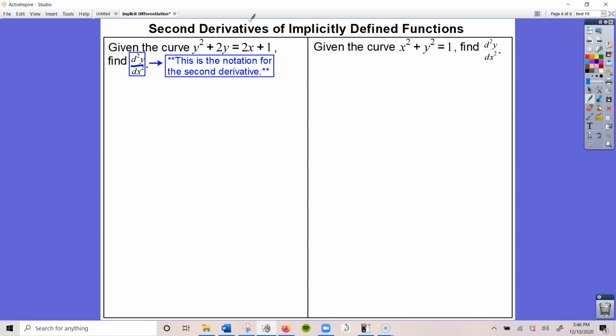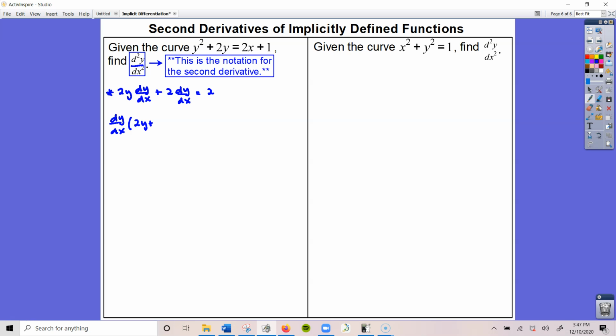So we need to find the first derivative before I can do that. So that would be 2y dy/dx plus 2 dy/dx is equal to 2. So far, so good. Now that dy/dx is already all on the left side and there's nothing else there, I can factor it out.